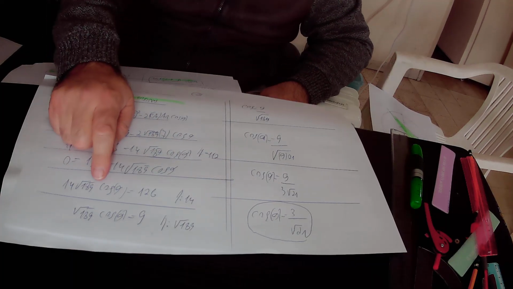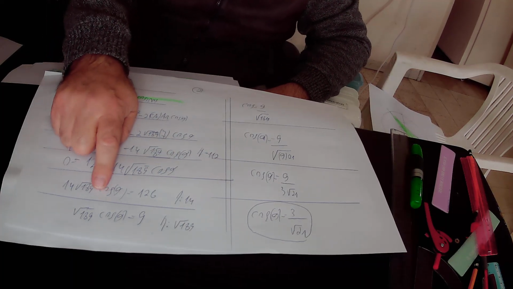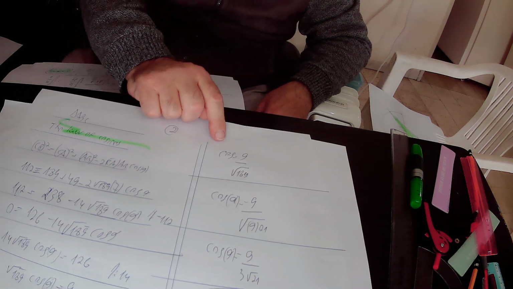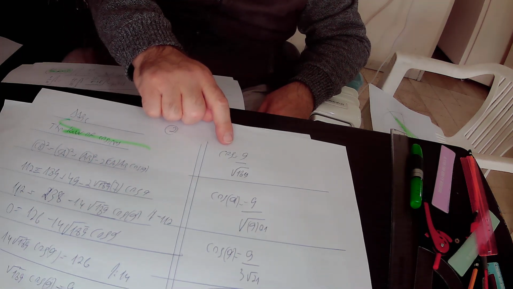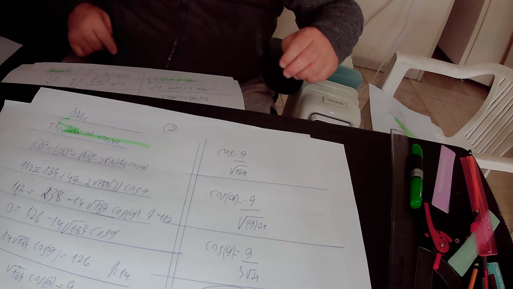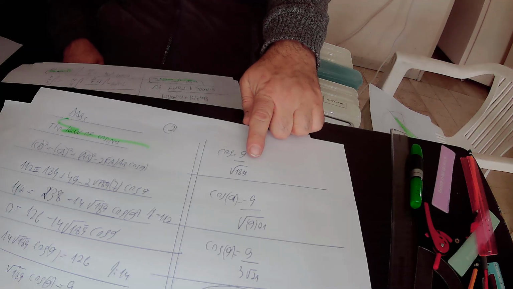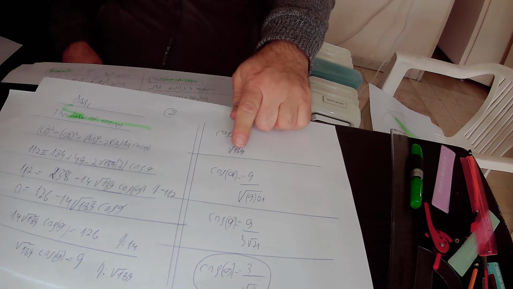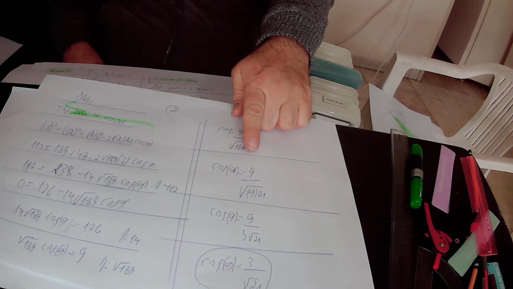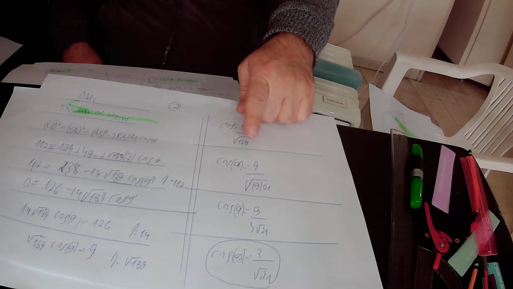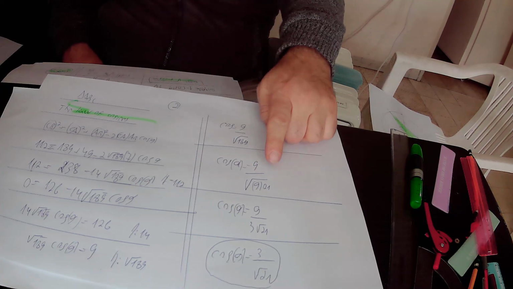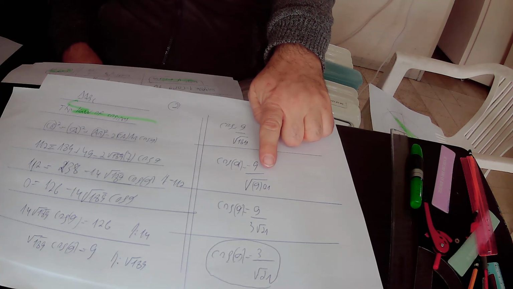Here we divided this equation by the square root of 189 and found out that cosine alpha equals 9 over the square root of 189. So here we substitute 189 by 9 times 21. Cosine alpha equals 9 over the square root of 9 times 21. Here we took 9 out of the root, so inside the root we are left only with 21. The square root of 9 is 3.